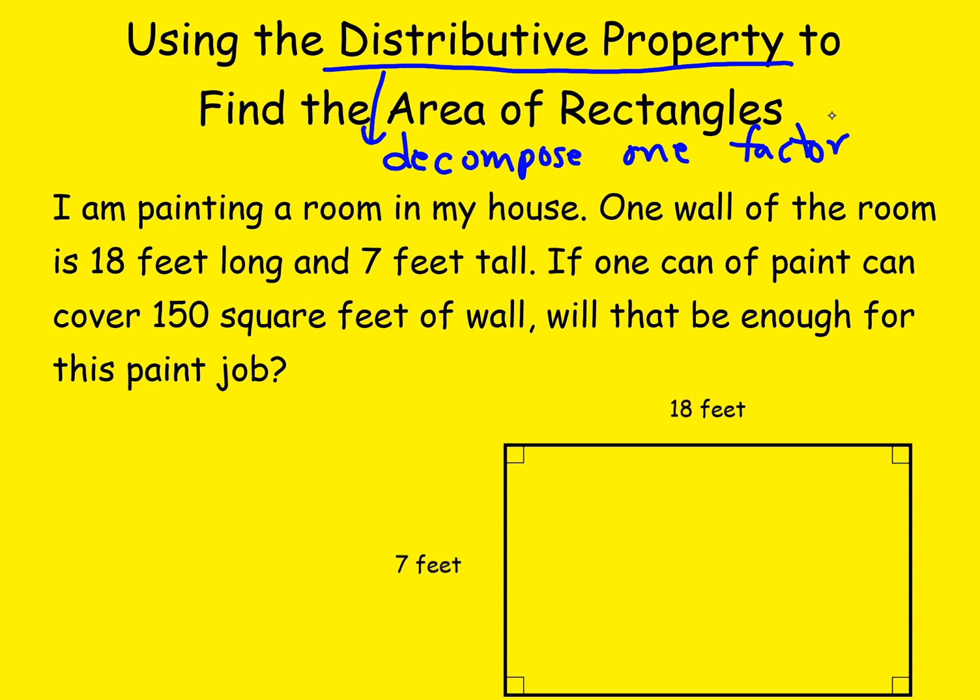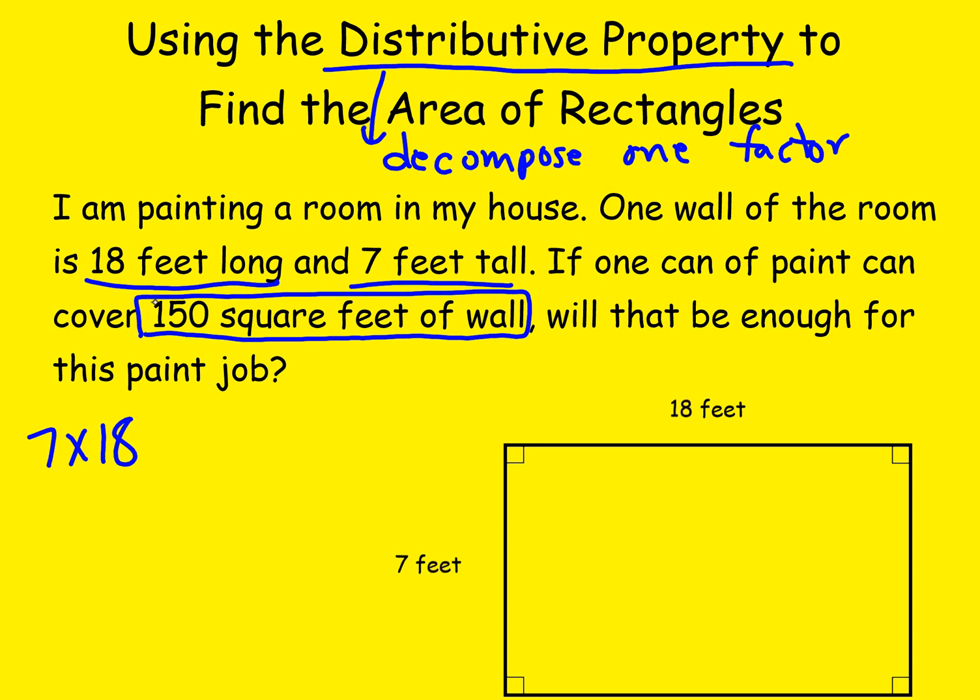If one can of paint can cover 150 square feet of wall, will that be enough for this paint job? So I know I have an 18 feet long and 7 feet tall wall. There's my wall, which I would solve by doing 7 times 18. But I also want to know, do I have enough to cover 150 square feet if I use just one can of paint?